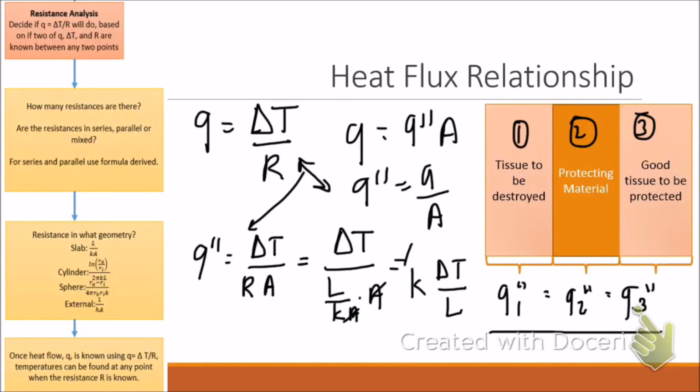Now that we have our equation for heat flux, we can find the heat flux through each of the layers and then solve the rest of the problem.